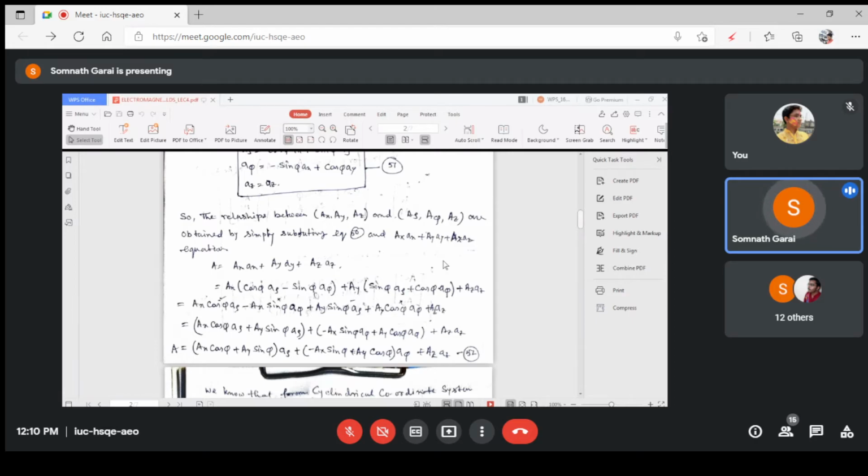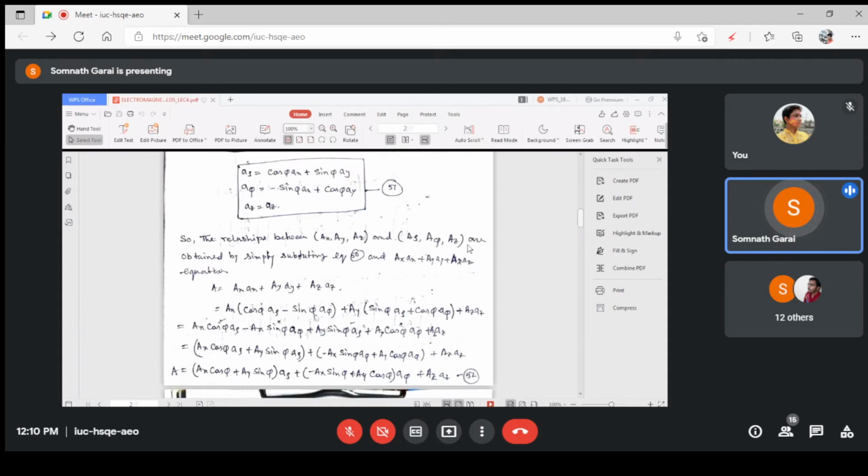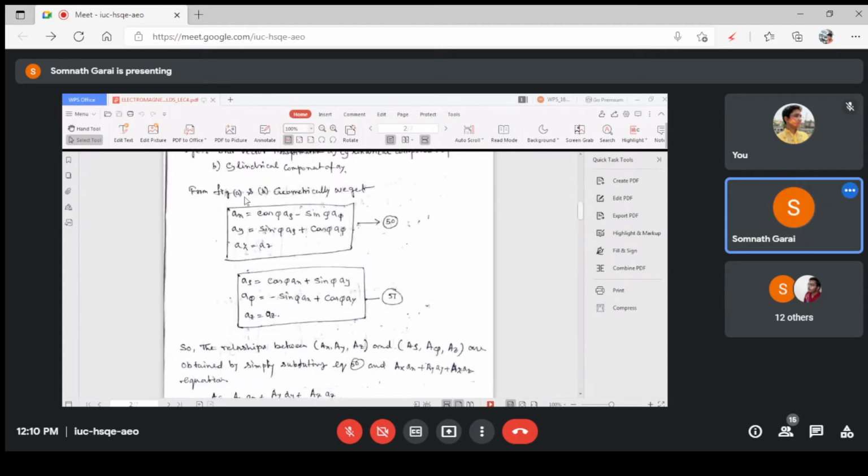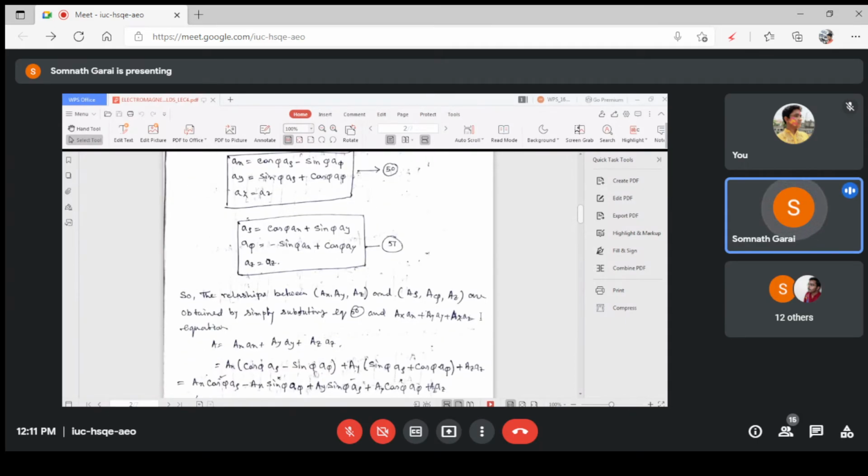Now we replace this small ax, small ay and small az with respect to equation number 50. So we replace small ax, small ay and small az in this equation.